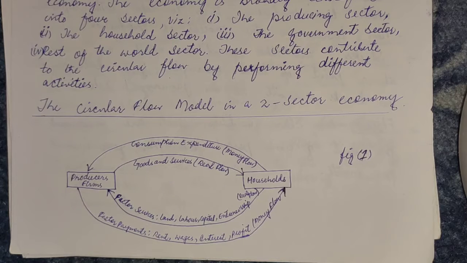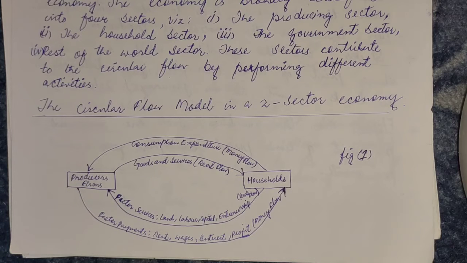Number one is total production of goods and services by firms is equal to total consumption of goods and services by the household sector. The total production of goods and services by the firms is equal to total consumption of goods and services by the household sector.